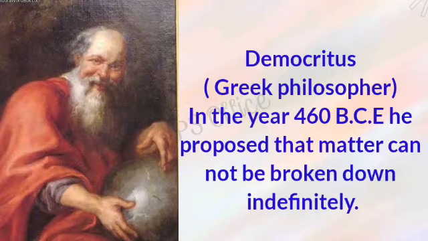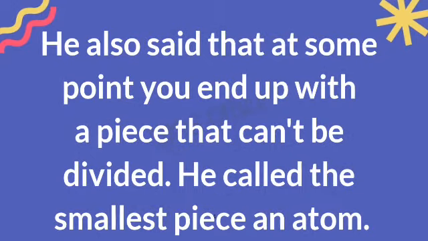He also said that at some point you end up with a piece that can't be divided any further. He called the smallest piece an atom. So when that object cannot be divided any further, you can call that object an atom.